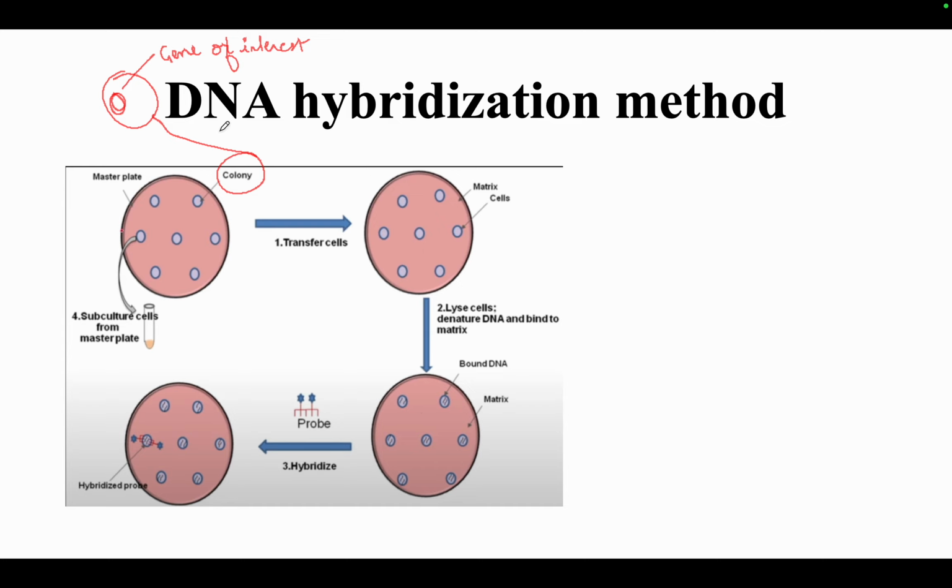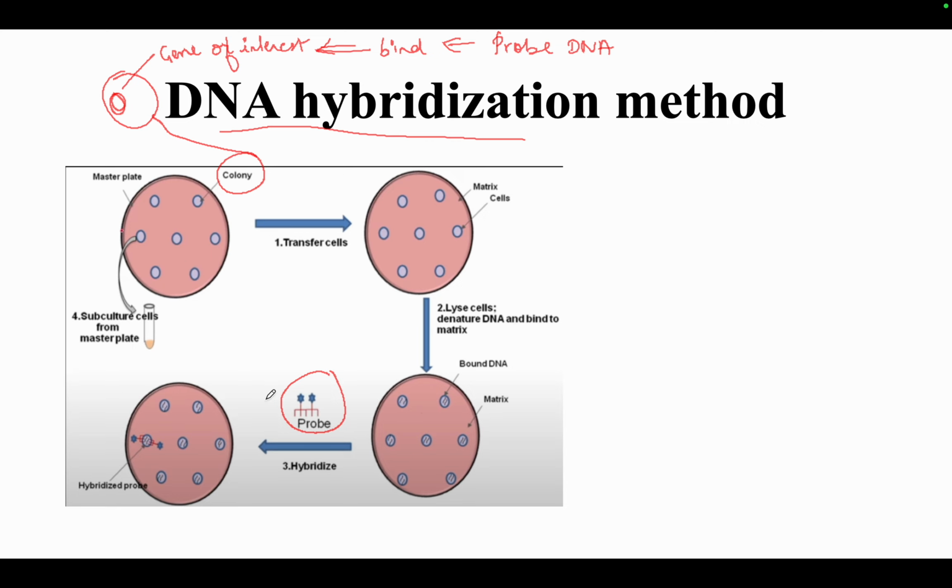So for DNA hybridization, we use a probe DNA. As you can see here, we use a probe DNA that will go and bind to our gene of interest. Why do we call it probe DNA?